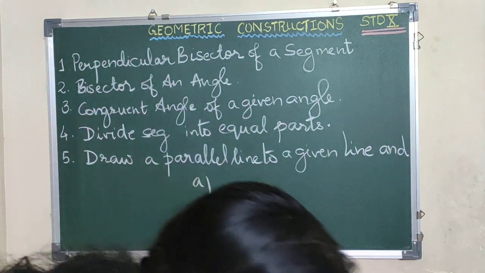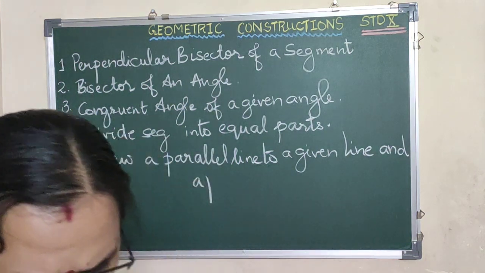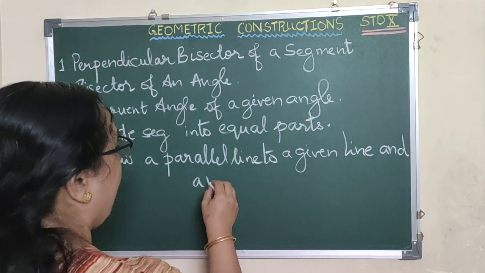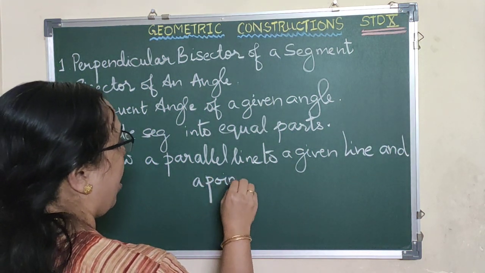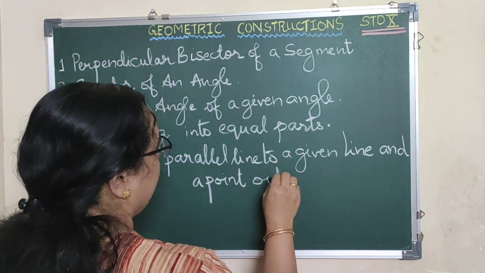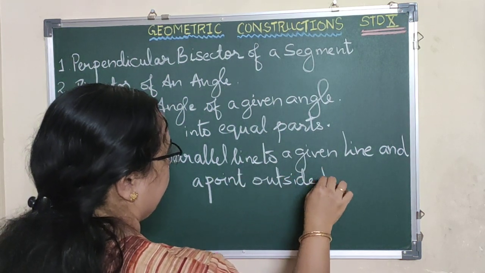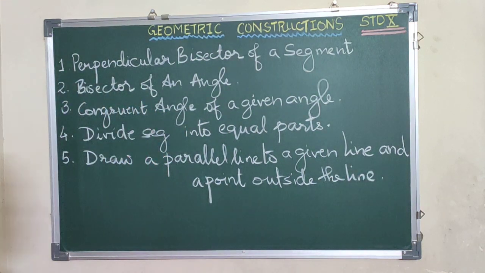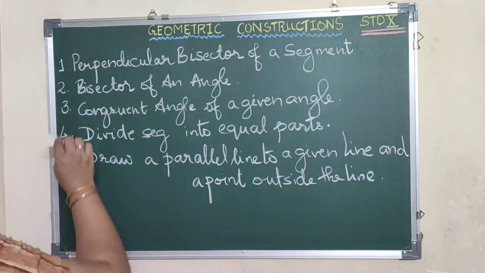So if we have this line and a point outside the line. All this basic is what we first concentrate on, and I'll give you hints to remember this. So let us start with the first one.